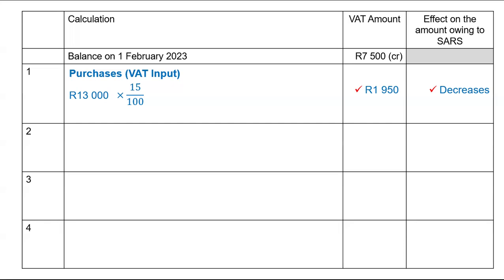And discount received is income. And as I've said to you, expenses and purchases are VAT input, meaning that income and sales will be VAT output. Even though this VAT output is not us paying SARS, it's actually a reduction of VAT input. You got that? But it doesn't matter how you look at it, as long as you get it right.